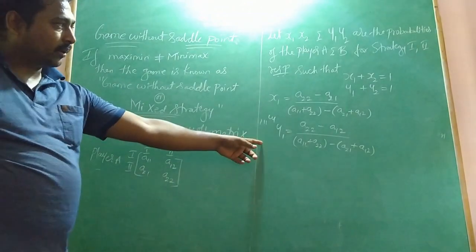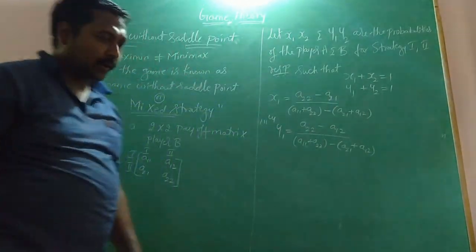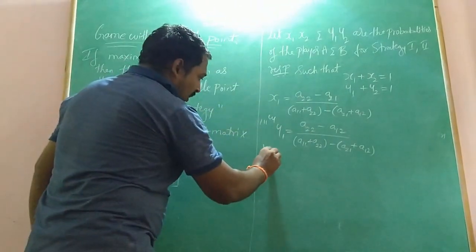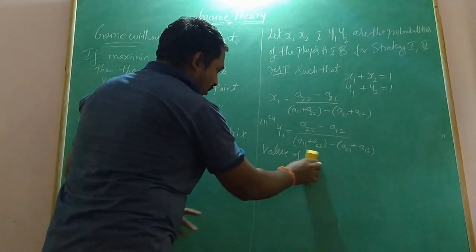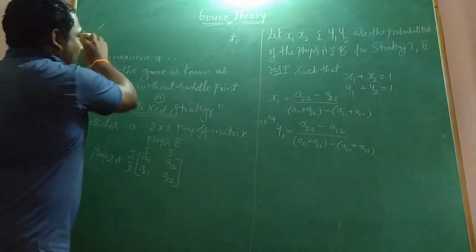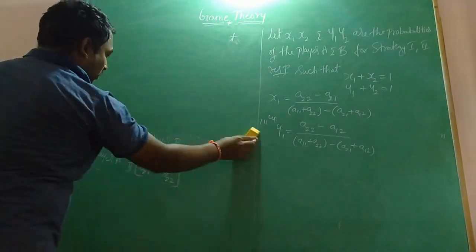Once you know the value of y1, if you substitute here, you will get the value of y2. Then next, to find the value of the game.